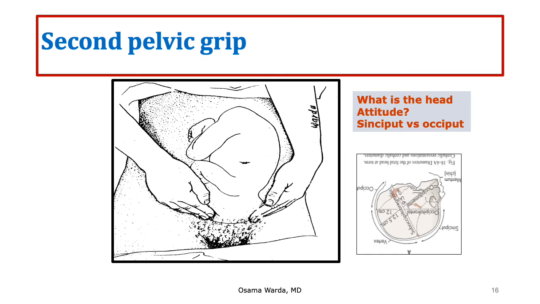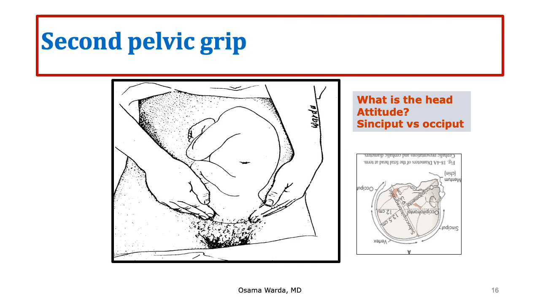When you palpate, stop and mark with a pen this bony prominence and that bony prominence, and evaluate which one is nearer to the pelvic inlet. If the bony prominence toward the fetal back, which is the occiput, is nearer to the pelvic inlet, then the fetal head is completely flexed, so it is vertex presentation.